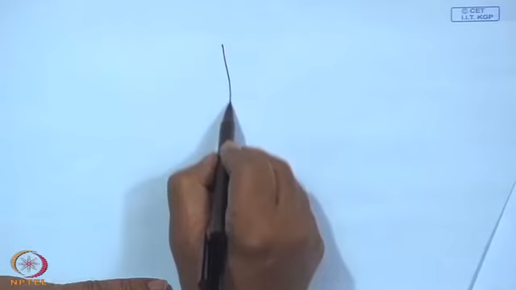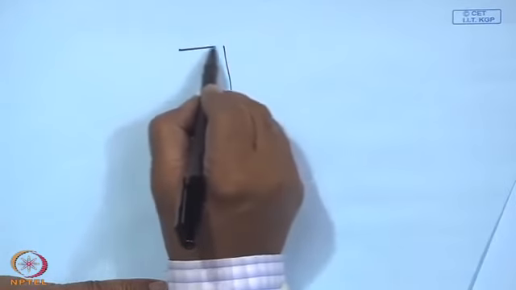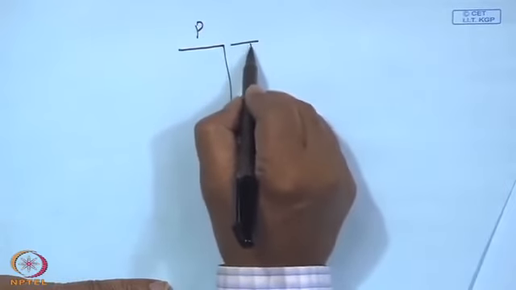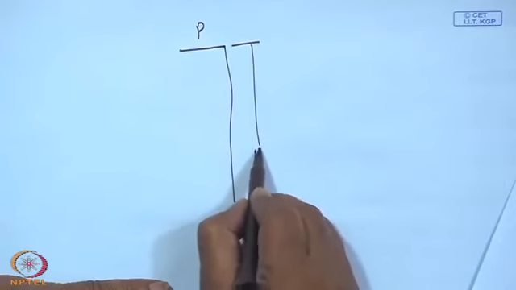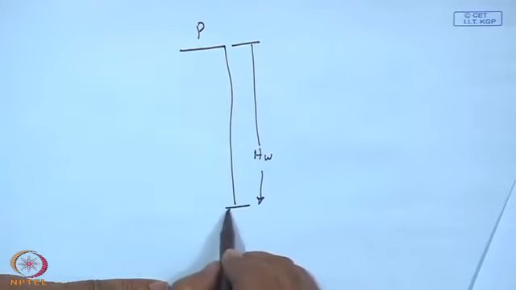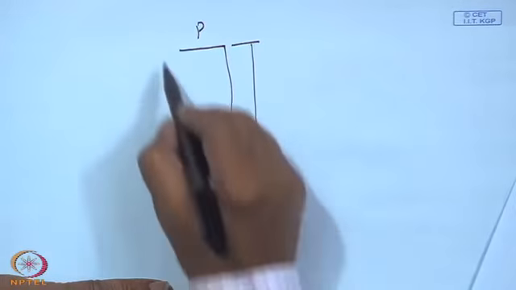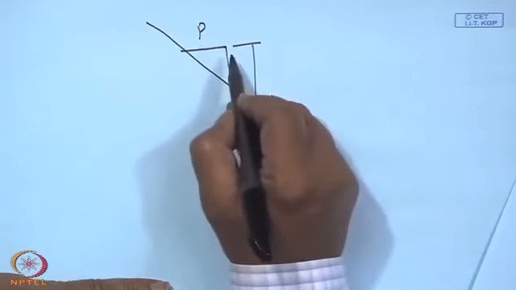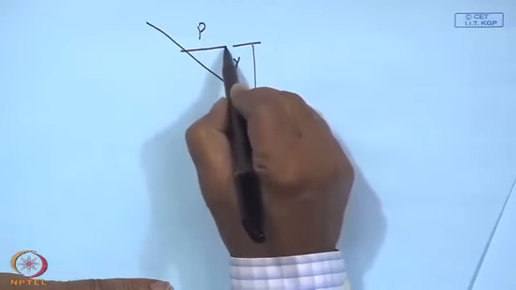So, if I show this in the side view, this is the projection P, and you have got h, the window height over a certain level, and then this is the sun's ray. So, you have got a y.